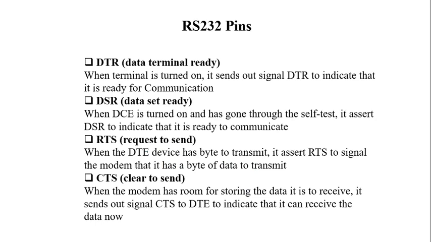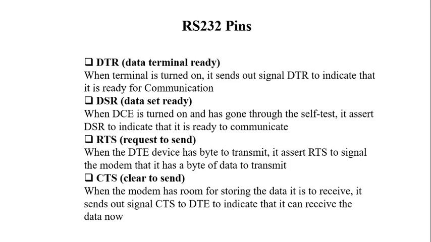Data terminal ready: when the terminal is turned on, it sends out the signal DTR to indicate that the terminal is ready for communication. And data set ready: when the communication equipment is ready for communication, it will send the signal data set ready. The data communication equipment has to go through a self test.